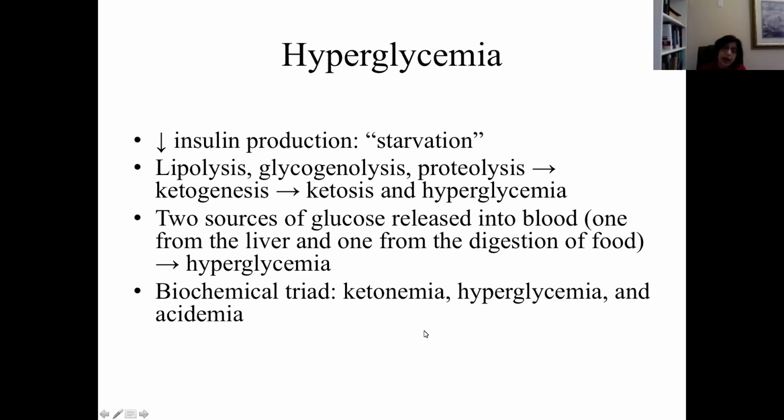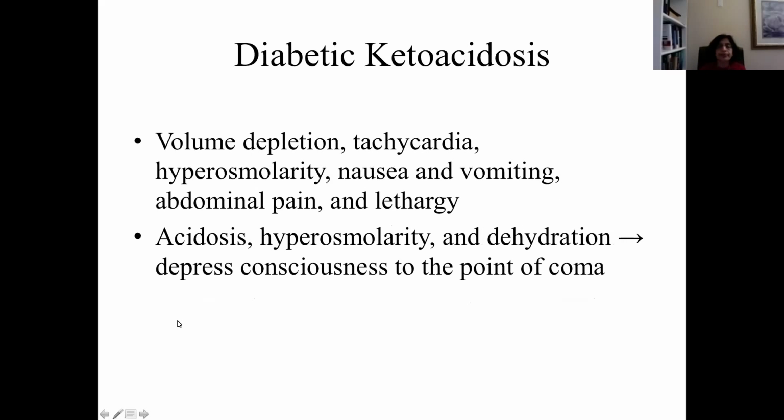So these are three bad sets of events. You're talking about high levels of ketone bodies, high levels of glucose, and acidic condition. There you go. Now you're actually looking at a condition called diabetic ketoacidosis.